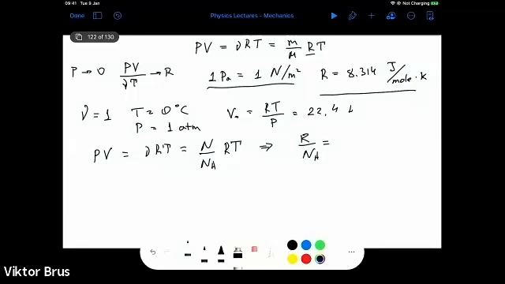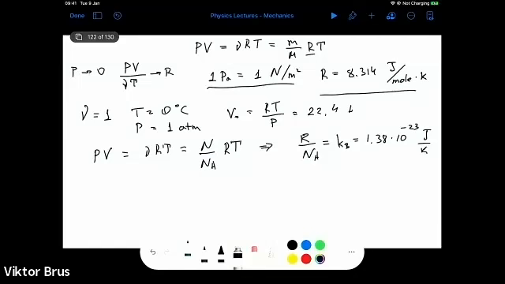It is widely used in solid state physics, physics of semiconductors. That is Boltzmann constant, Kb denoted. And this is equal to 1.38 times 10 to the minus 23rd power joule divided by Kelvin.